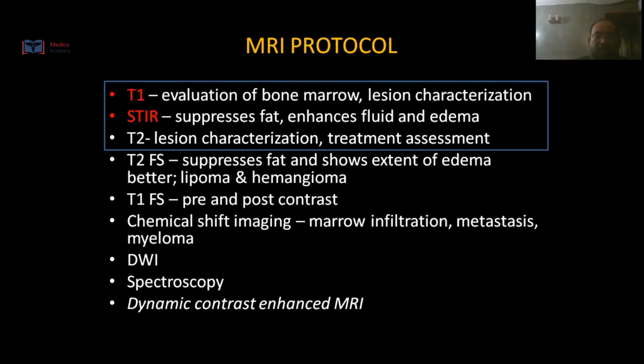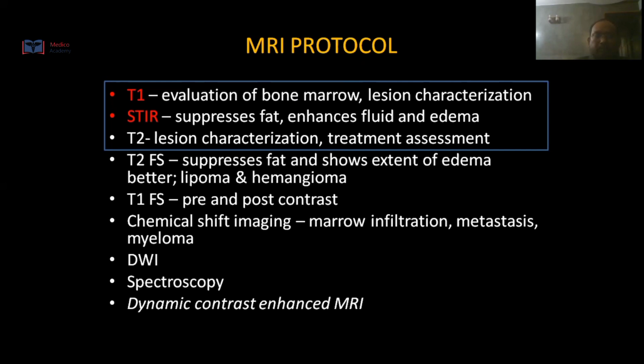The other optional sequences are the T2 fat suppressed, where the fat gets suppressed and shows the extent of the edema better. It is also helpful in case of lipomas and hemangiomas. T1 fat suppressed image is used for pre and post contrast imaging for assessment of the lesion.